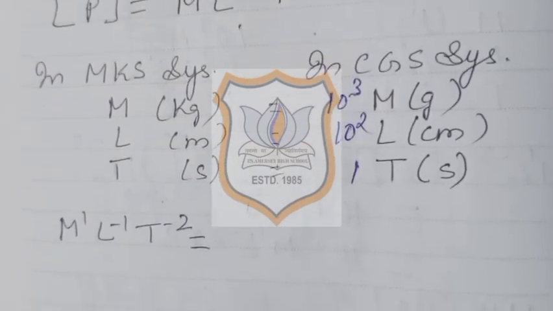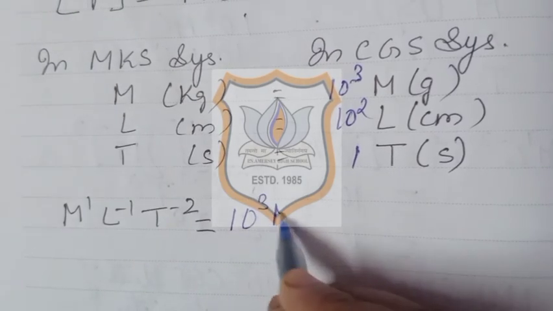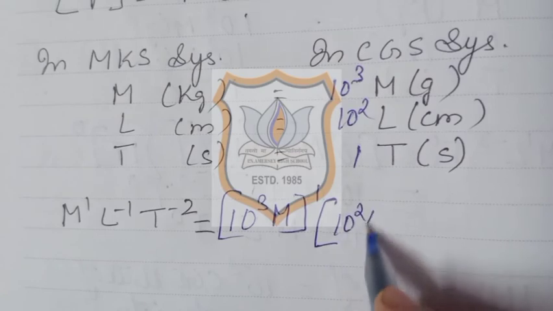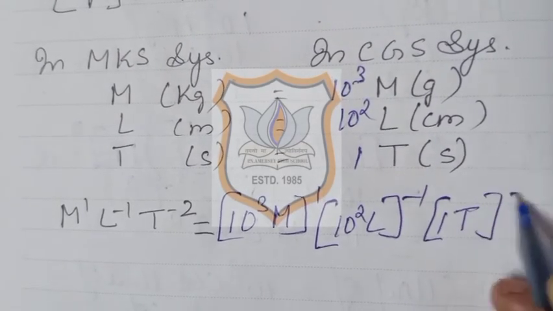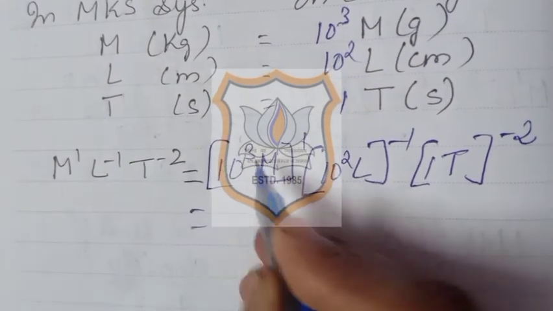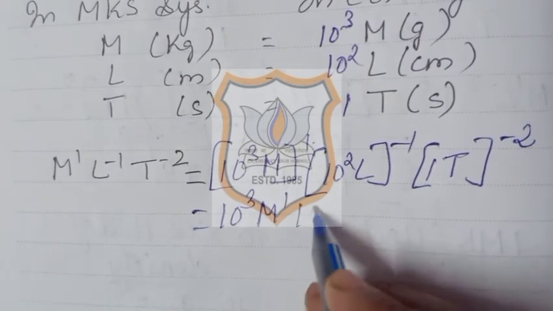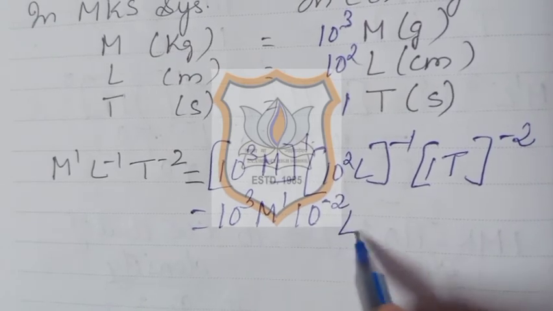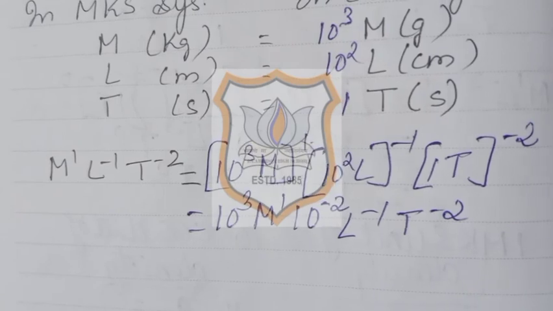So just substitute the values and solve it out. So this is 10 raised to 3, m power is 1, 10 raised to 2, L power is minus 1, 1, t power is minus 2. Now solve this. 3 ones are 3, so 10 raised to 3, m raised to 1, 10 raised to 2 into minus 1, so that is minus 2, L raised to minus 1, t raised to minus 2.